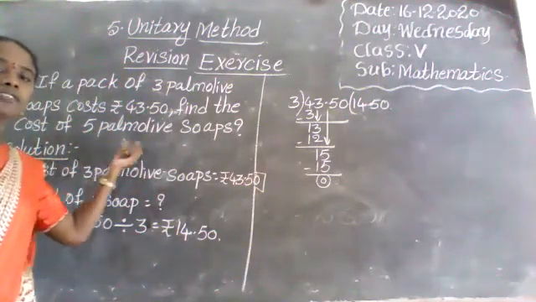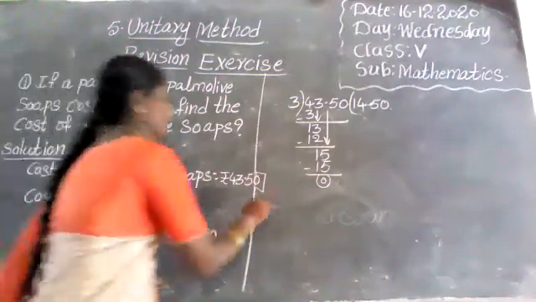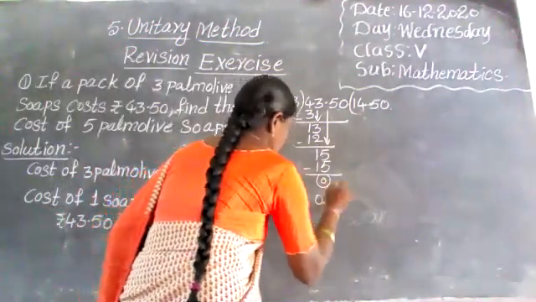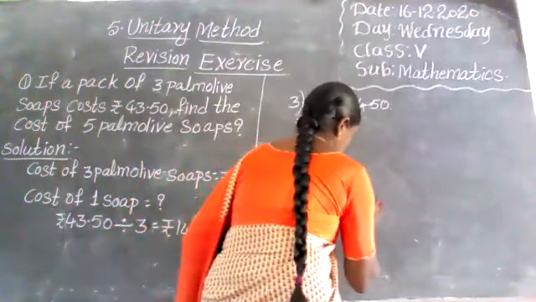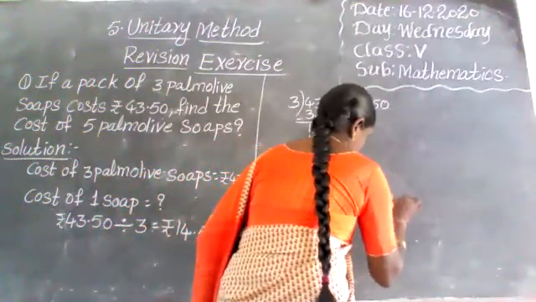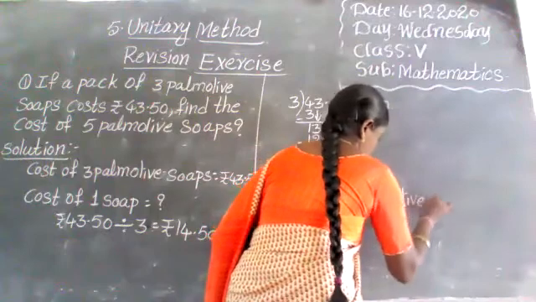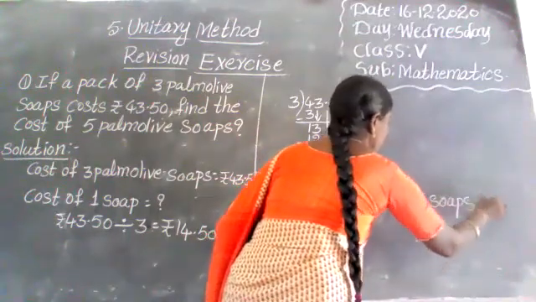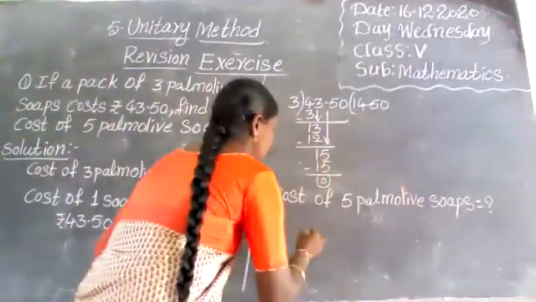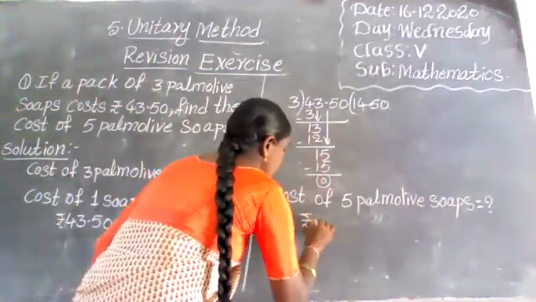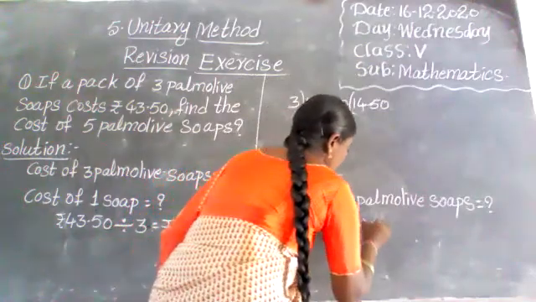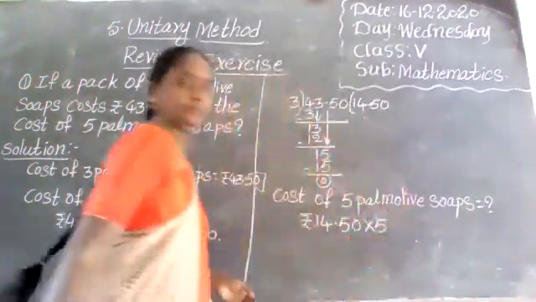Next, the cost of 5 Palmolive soaps. 14 rupees 50 paise into 5.